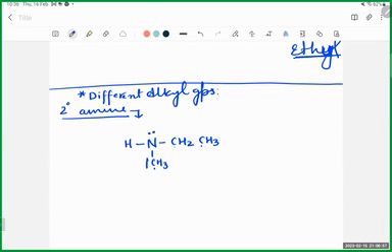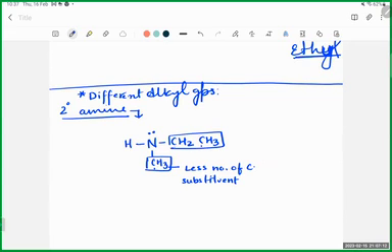The lesser carbon always goes for the substituent. Less number of carbon will always be a substituent. Are you clear, Hridaya? More number of carbon will go for the parent carbon chain.